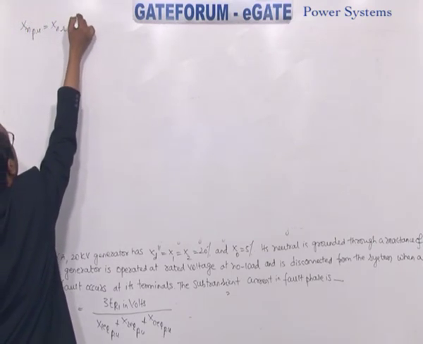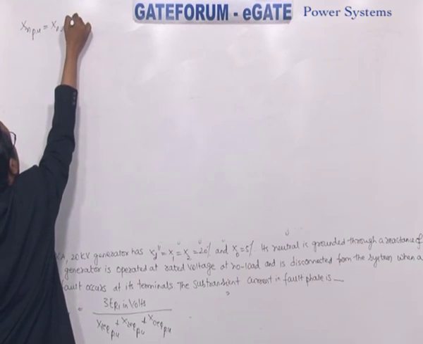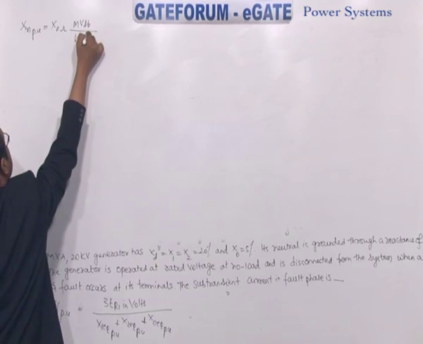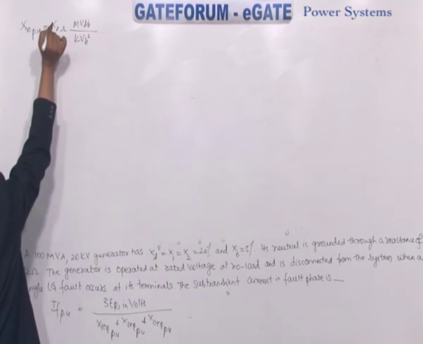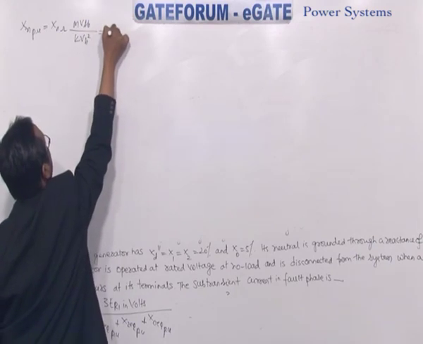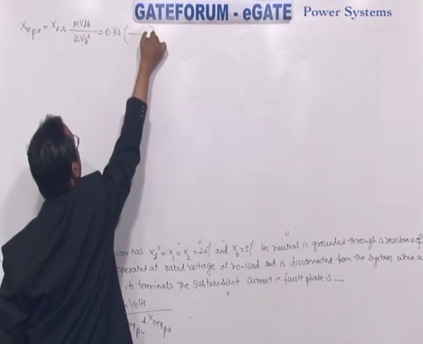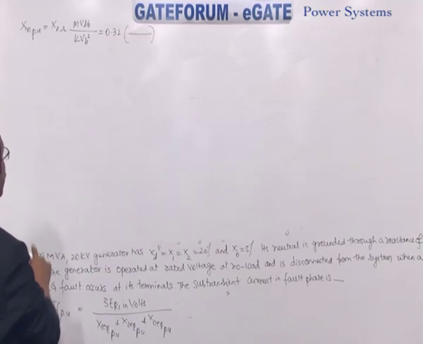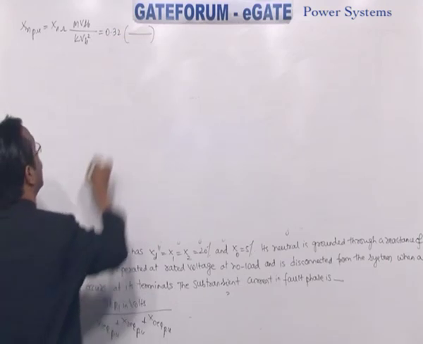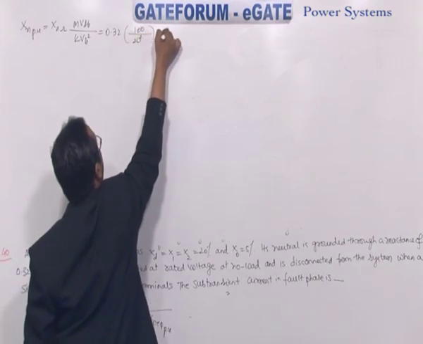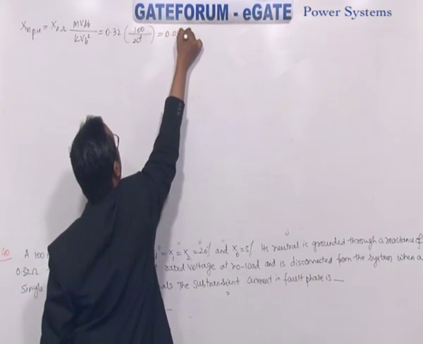Xn in ohms multiplied by base MVA divided by kV squared. Using this formula: 0.32, base MVA 100 MVA, base kV 20 squared. You get 0.08 per unit.